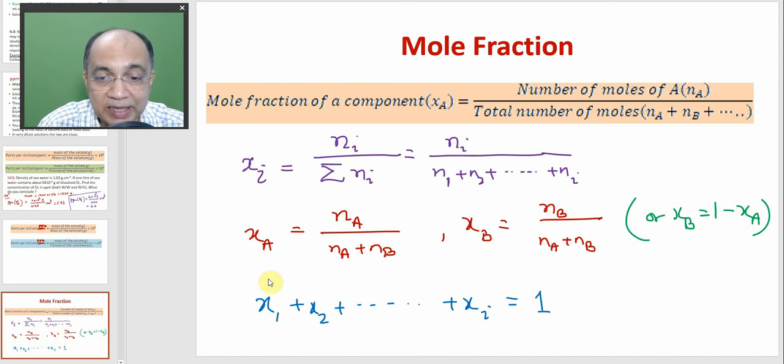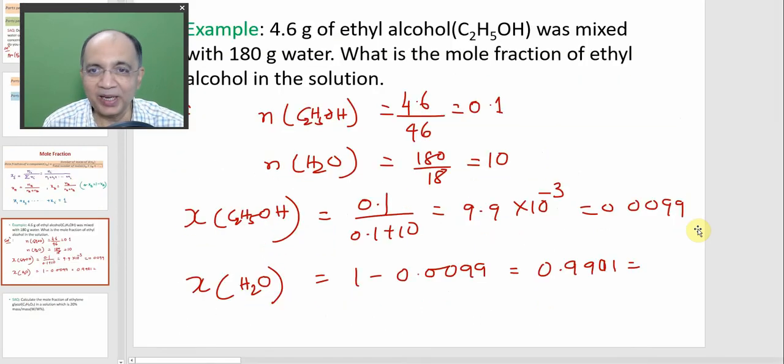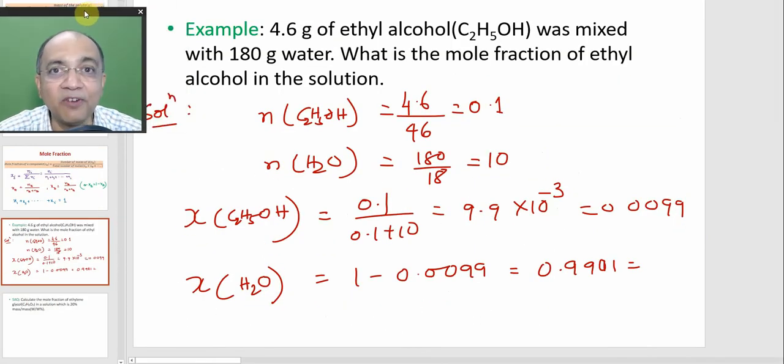Or since the sum of all the fractions is equal to 1, if you find the mole fraction of one component, the other component can be immediately found by subtracting the mole fraction of the first component from 1. These things are known to you, therefore I have the liberty to go a little fast. Am I allowed? Yes.